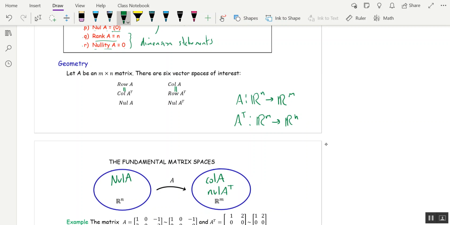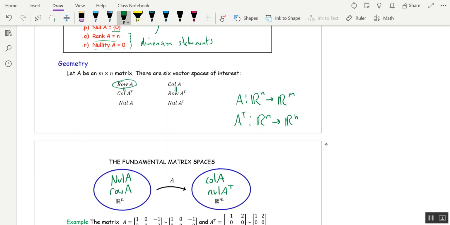And what's left in our fundamental list? We haven't taken care of row A. Where does he live? Well, the rows for an m by n matrix have n entries. So like a 2 by 3 matrix, the rows live in R3. So row A lives here.